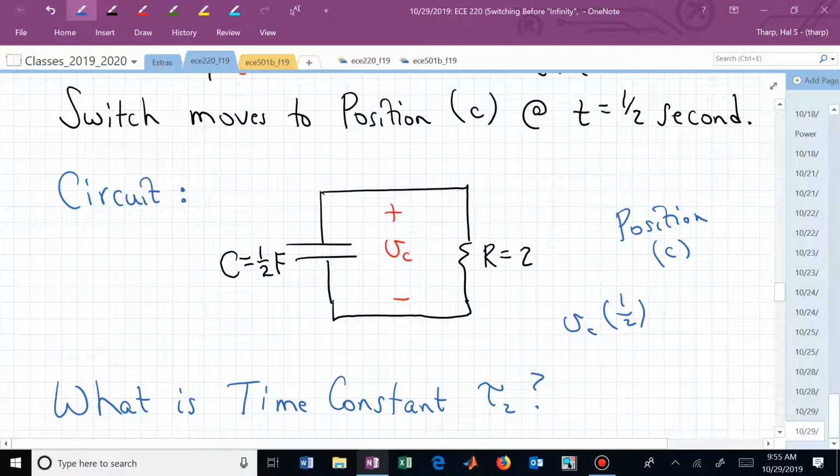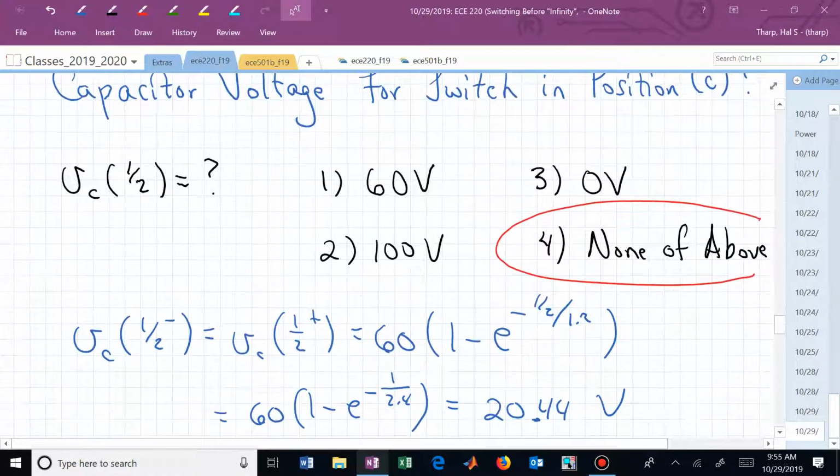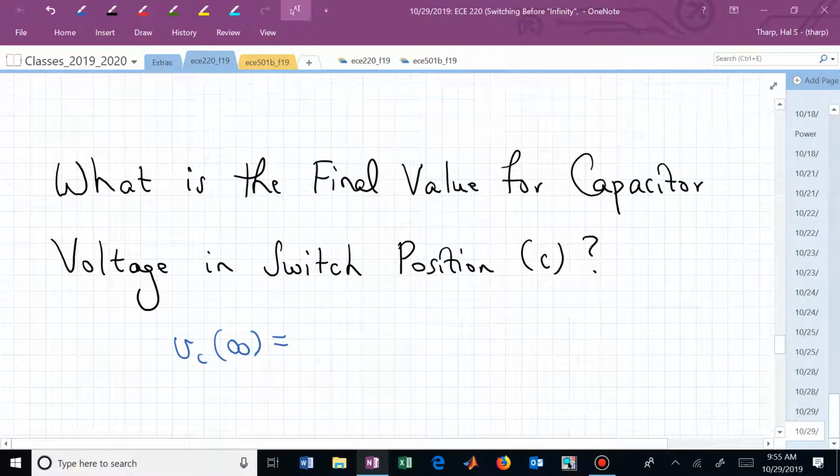What kind of response is this? From chapter 7, we're dealing with two responses, natural response and step response. This is the natural response. This is basically, I'm going to discharge that capacitor through this resistor, and eventually you will end up with a final value of 0. That's now our final value.